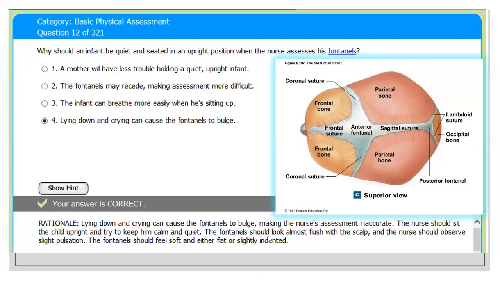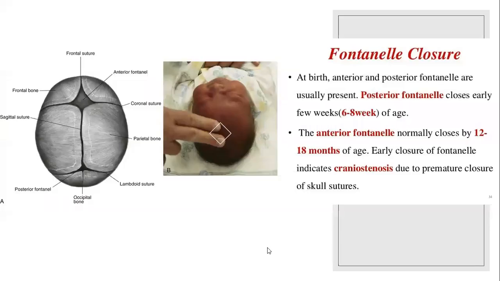The fontanel should look almost flush with the skull, and the nurse should observe slight pulsation. The fontanel should feel soft and either flat or slightly distended. This is the picture: anterior fontanel, posterior fontanel.